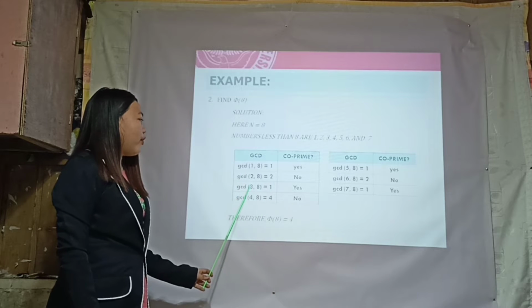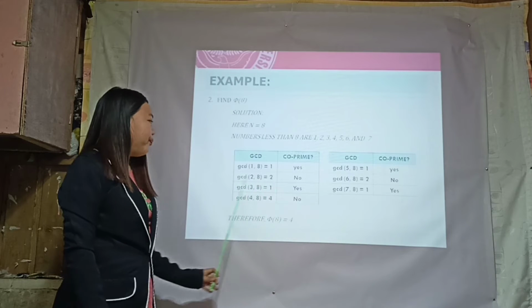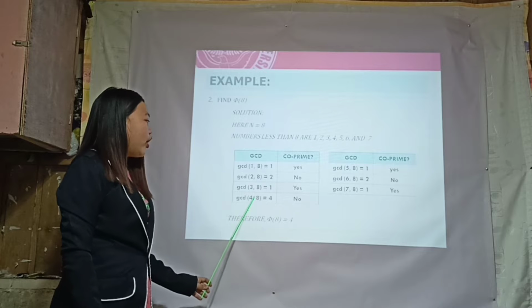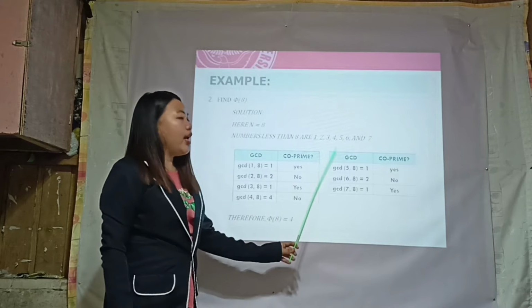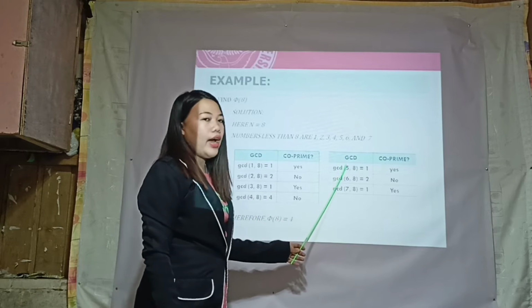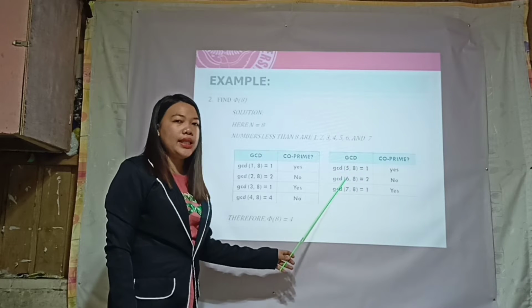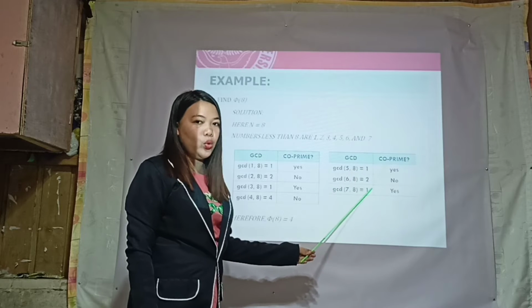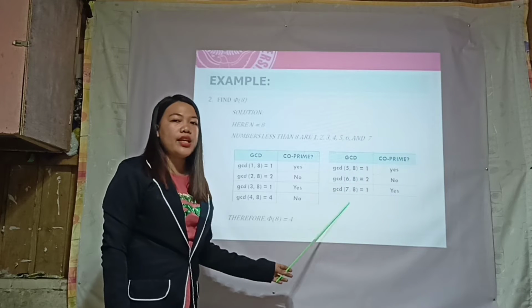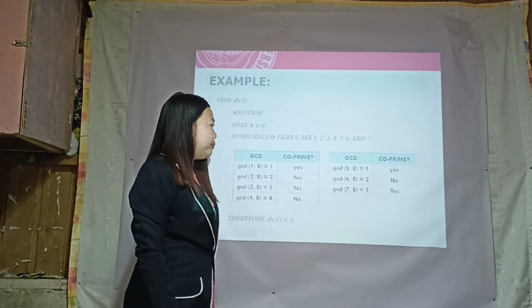The GCD of 3 and 8 is equal to 1. The GCD of 4 and 8 is equal to 4. The GCD of 5 and 8 is equal to 1. The GCD of 6 and 8 is equal to 2. And the GCD of 7 and 8 is equal to 1.